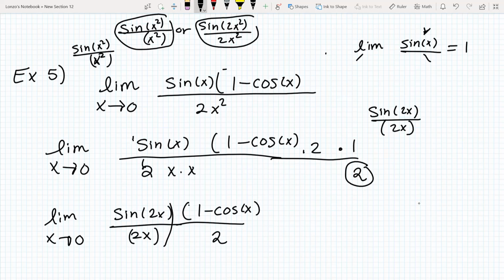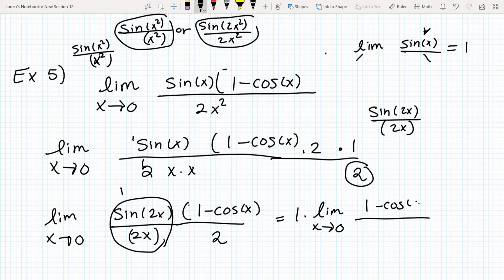So now this here becomes 1. So this would be 1 times the limit as x approaches 0 of 1 minus cosine of x over 2. There we go. So now let's simplify. What is the limit of this as x approaches 0?